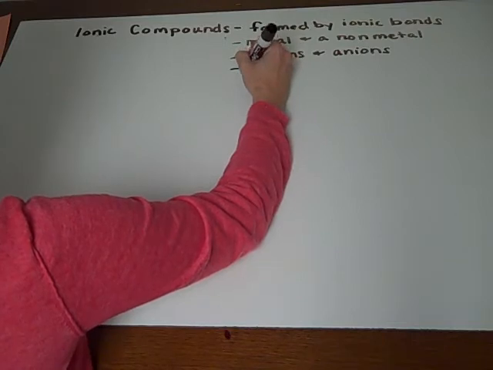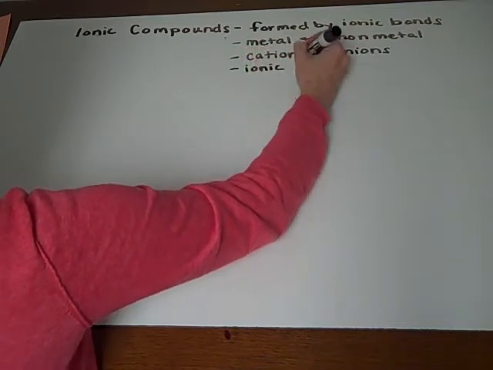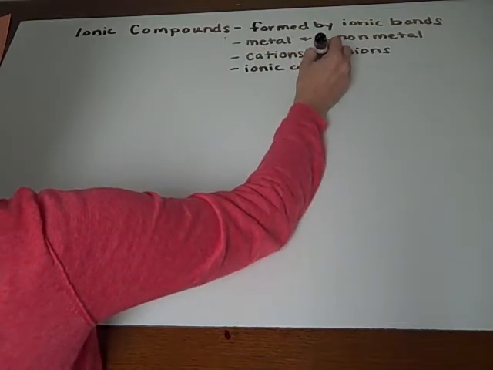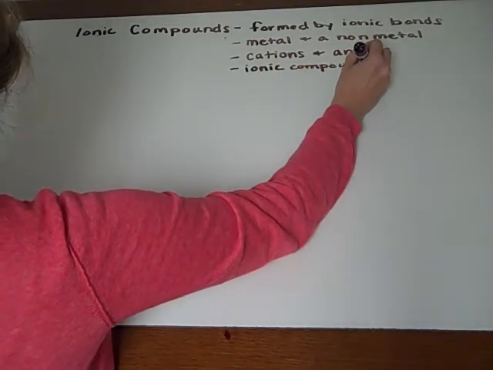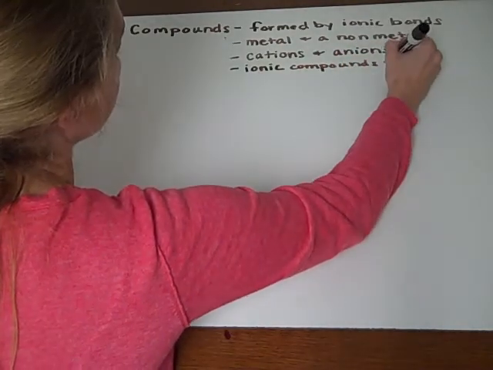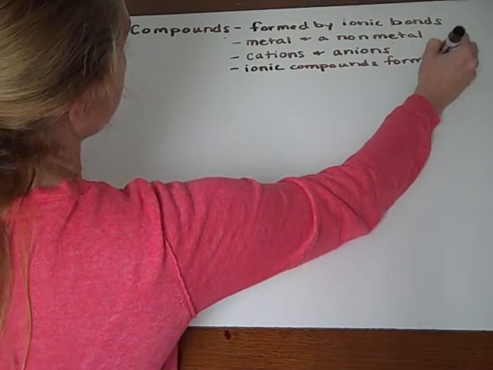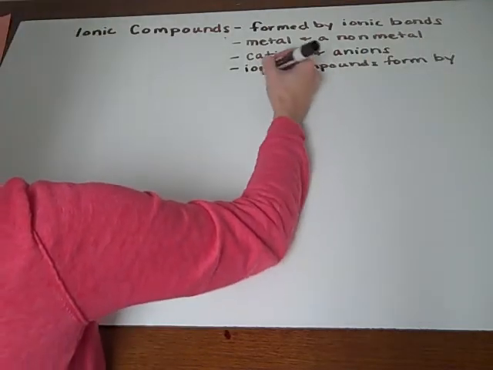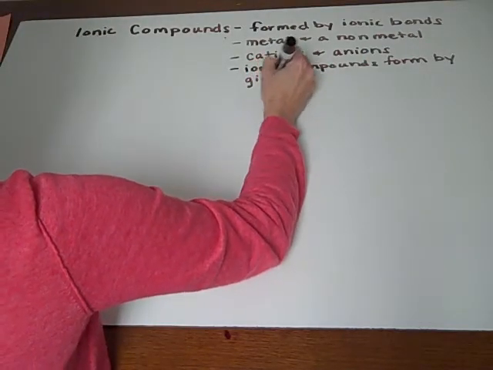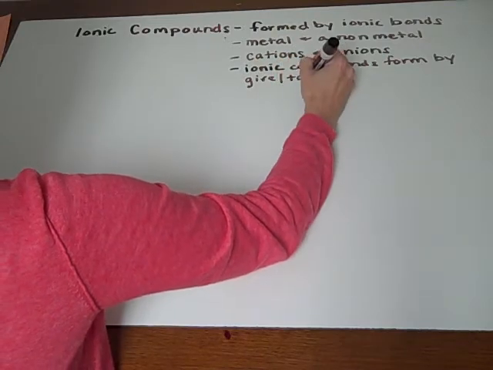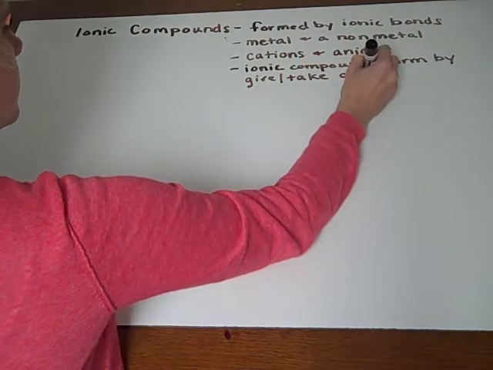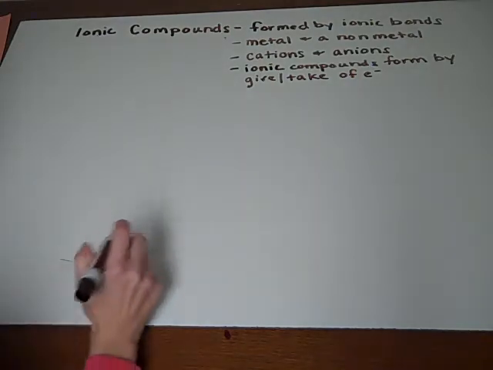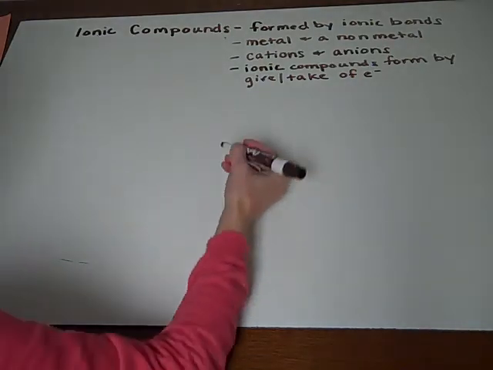And so ionic compounds form by giving and taking of electrons. Okay? So let's look at how this happens.